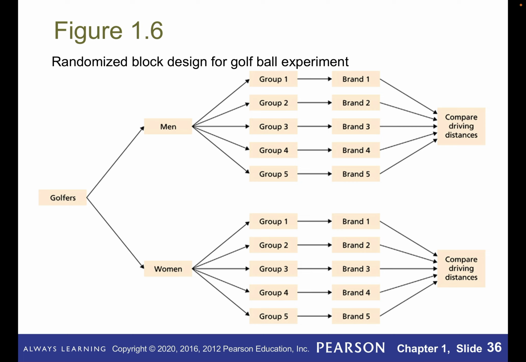And then I would modify this diagram a little bit more to then combine together to get 5 groups with each with 4 men and 4 women. And then the last step that I mentioned before is always to randomly assign the groups to the brands, the groups to the levels.